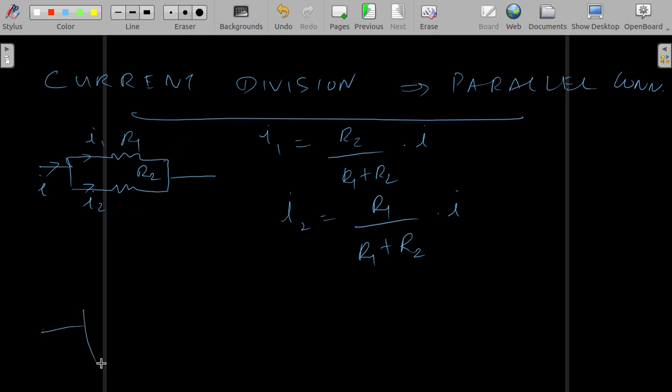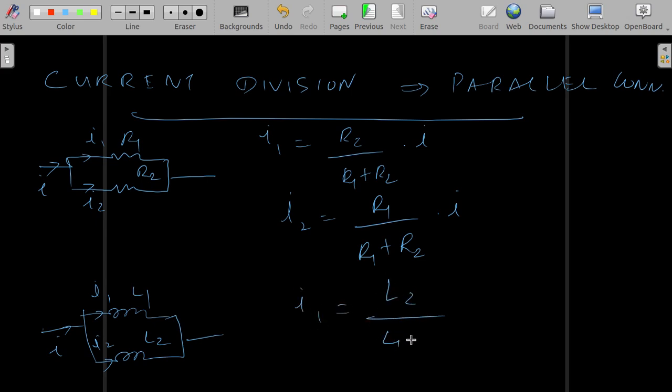So again, if we have an inductance like this, I1, I2, L1, L2. So I1 will be L2 by L1 plus L2 into I, I2 will be L1 by L1 plus L2 into I.